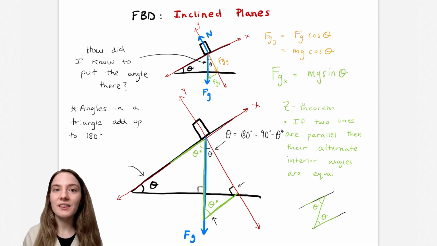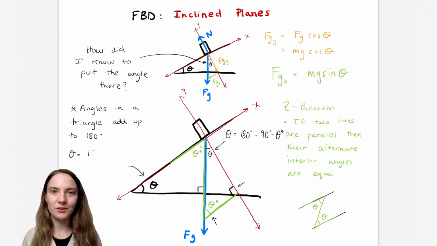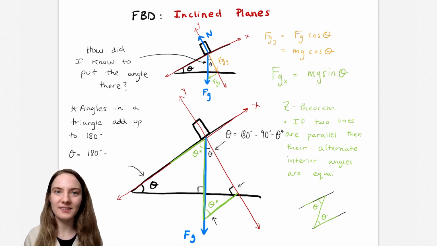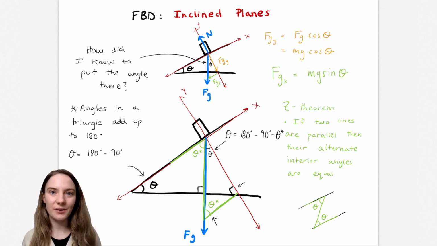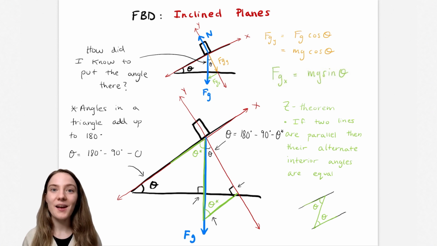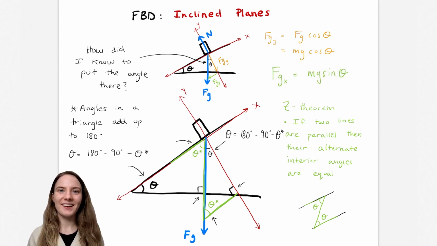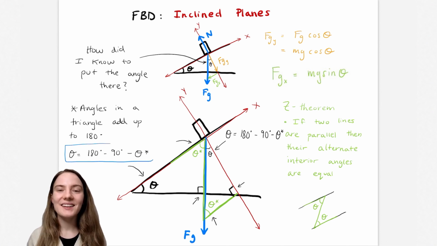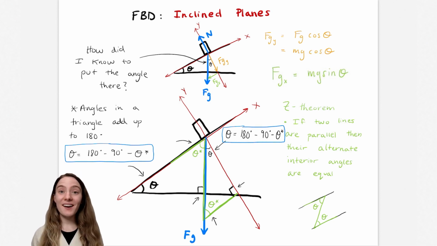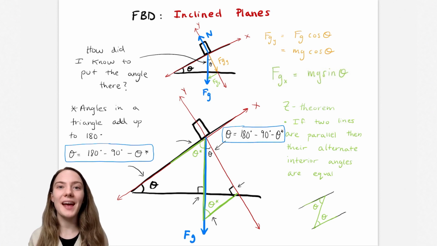Now let's take a look at this triangle. This angle must be equal to 180 degrees minus 90 degrees, which comes from here, minus theta star, which comes from here. And now what I hope you can see is that both angles are equal to the exact same thing. And that's because they're the same angle.